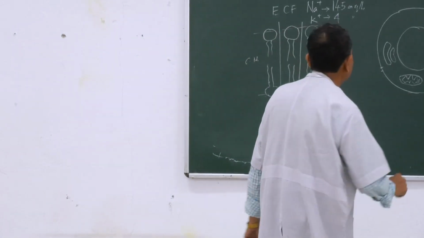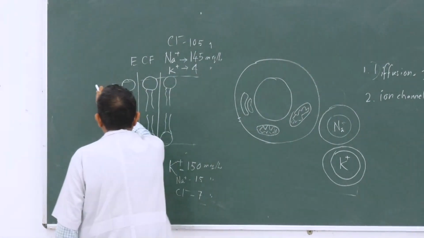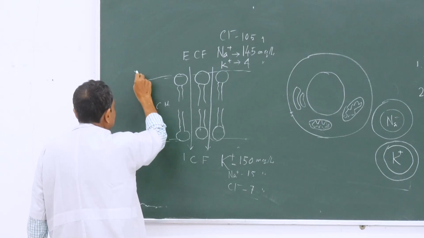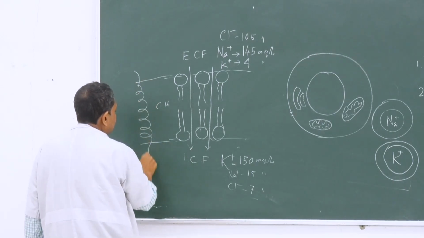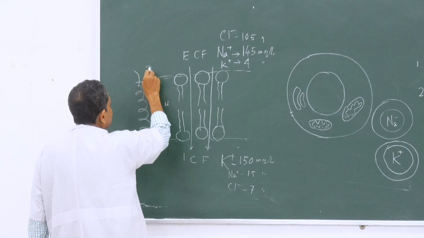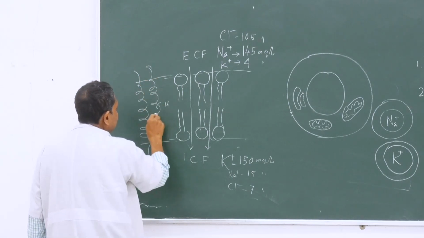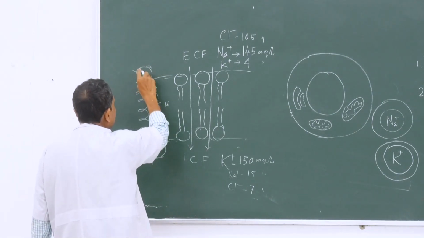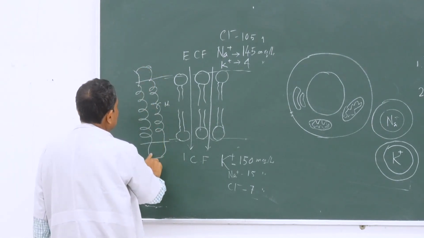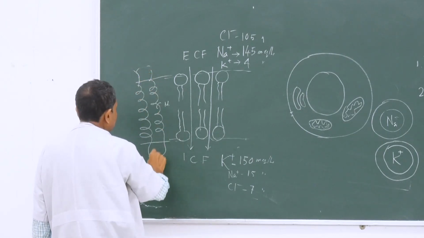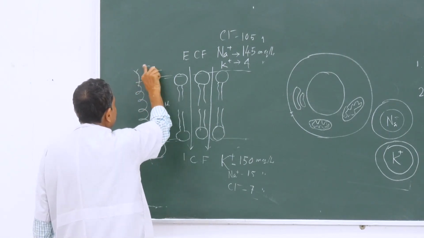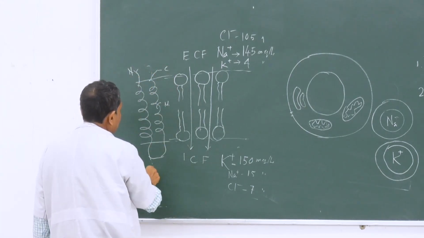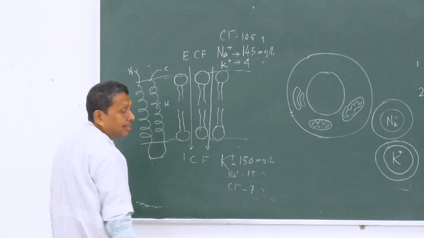Suppose this is a membrane, there may be a subunit that enters in this way, and they are connected to one another in this way. Suppose it is the N terminal and it is the C terminal, and in this way they are connected.